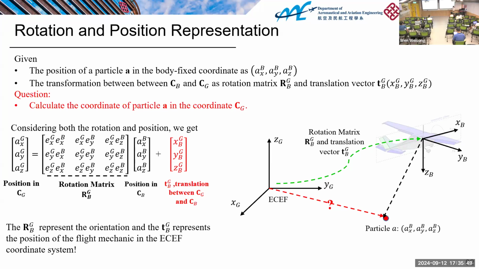This matrix represents the orientation, and this represents the position, corresponding to these coordinate systems. This is the definition. You see, orientation and position are all encoded with matrices. It's good because matrices are what the computer is good at. It can do the calculations easily with MATLAB or Python.